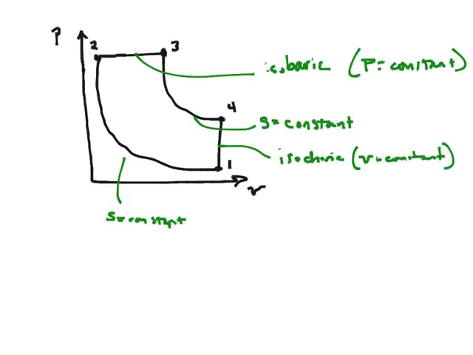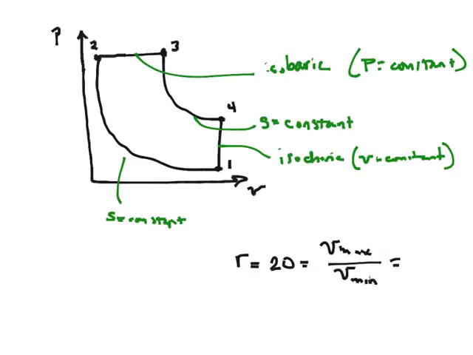Okay, so now looking at this, we can interpret some of the information that we were given in our problem. We were given the compression ratio, r, we're told that's 20, and we know that r, the compression ratio, is Vmax over Vmin.